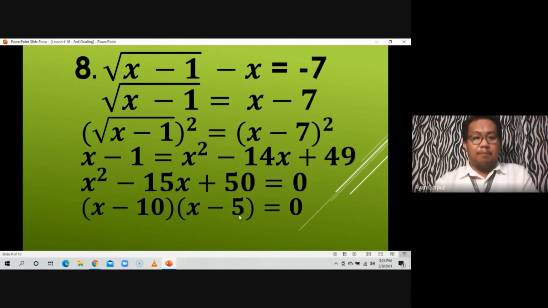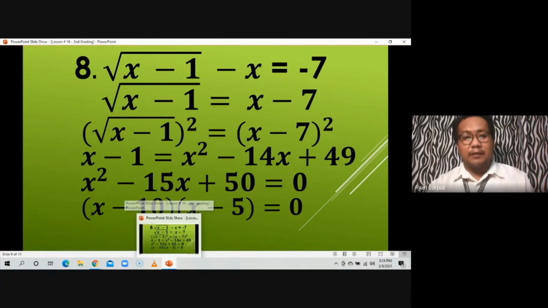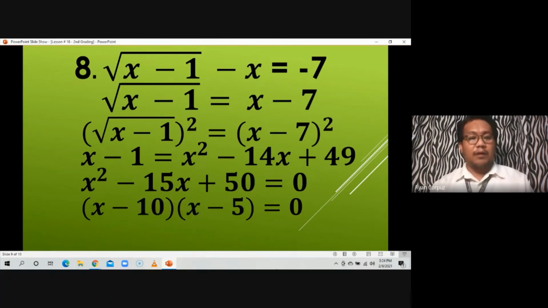How about 5? So 5 minus 1, that would be 4. What's the square root of 4? That would be 2. 2 minus 5, that would be negative 3. So it's not equal to negative 7. Because diba, when we are getting the square root, we are only getting the positive root or the principal root na tinatawag natin.